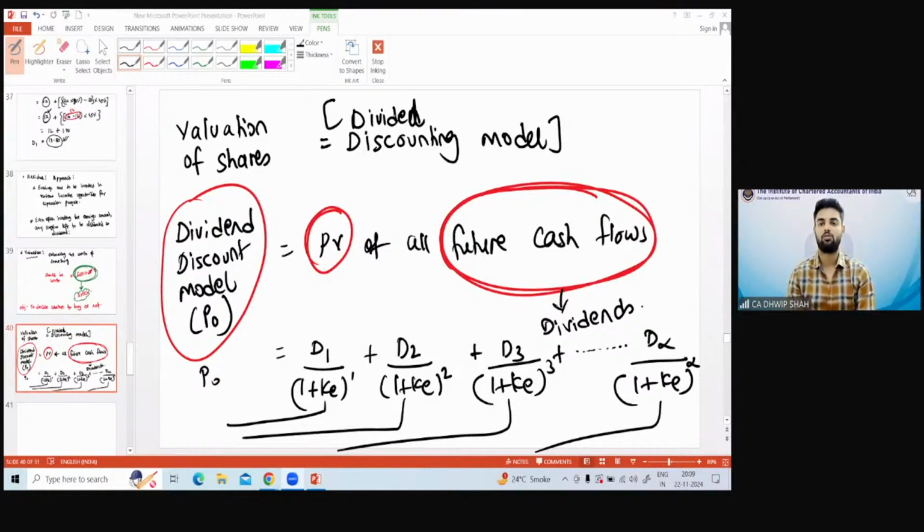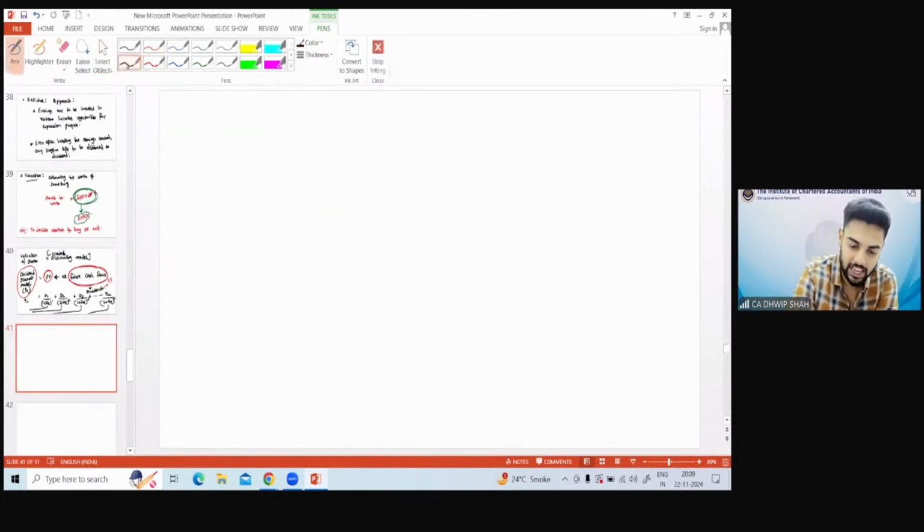Now see, our next task is to guess what could be the dividends in future. What could be the likely dividends in future? The likely future dividends could be categorized into three parts.